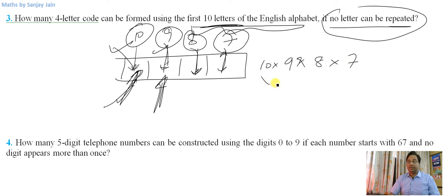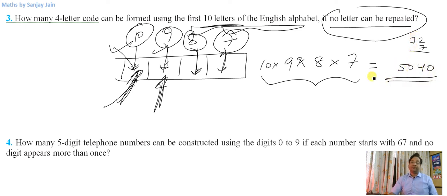These are the number of 4-letter codes that can be formed. What is this number? This is 72 into 7, 5040. So these are the number of 4-letter codes that can be formed, right, using these letters.